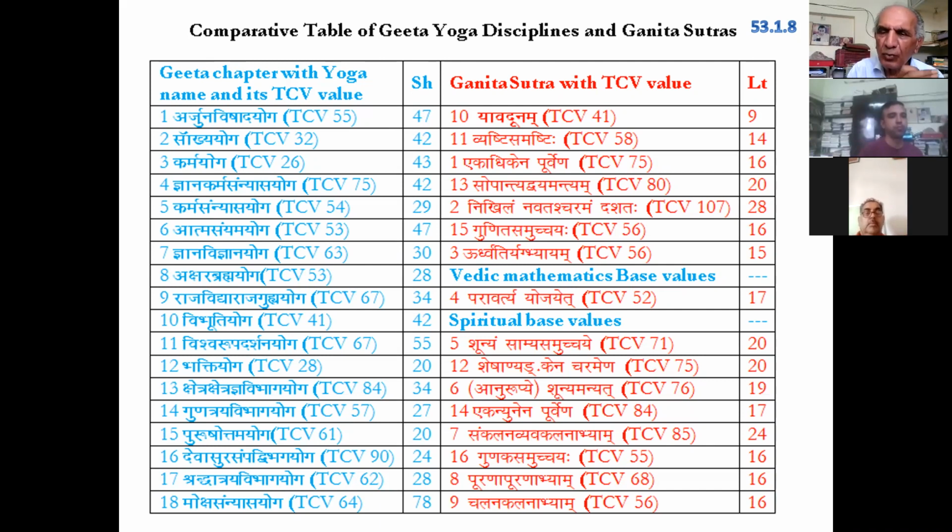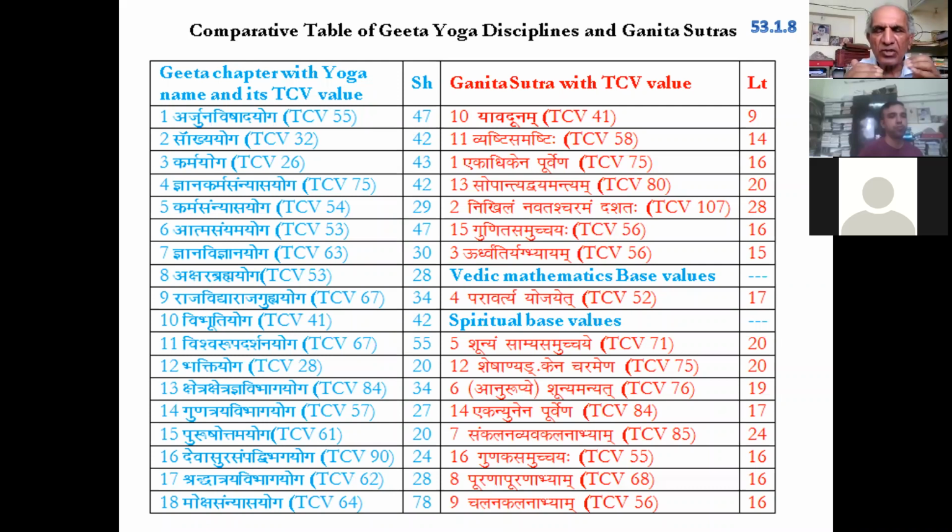Likewise, the Vibhuti Yoga of Srimad Bhagavad Gita of chapter 10 is the basis base of the Adhyatam Vidya, the spiritualism, and as such, there is no specific individual sutras being tabulated here along with it.